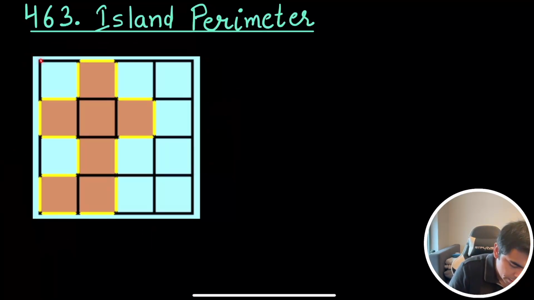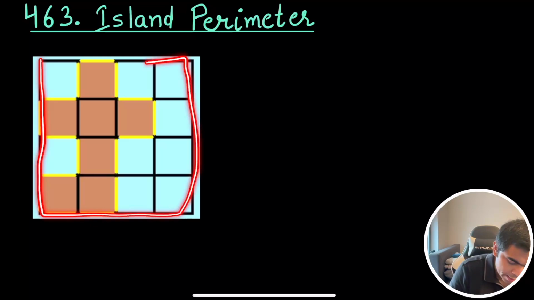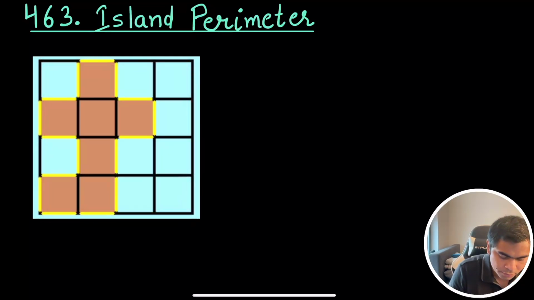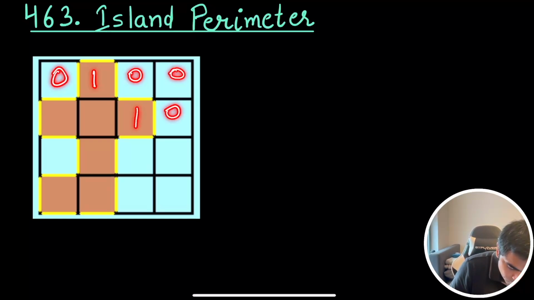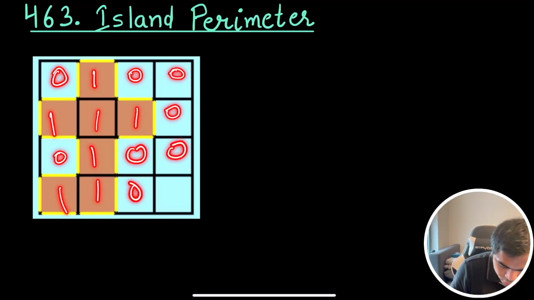This is my grid, and this grid has basically two types of values. One is ones and another is 0. So this is all 0 1 0 0, 0 1 1 1, 0 1 1 1, 0 0 0. So now we have to consider all these ones and just find out the perimeter.